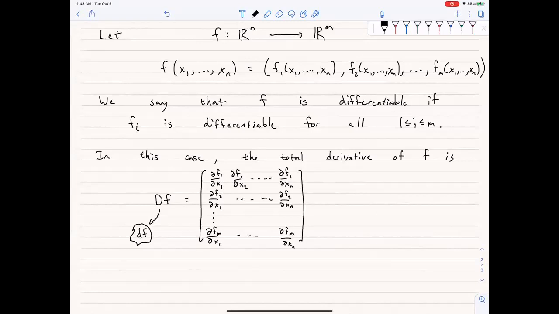Okay, so this is an m by n matrix of functions. What's in the matrix are actual functions, the partial derivatives. But if you evaluate at a point, you get a matrix of numbers. This is the total derivative.